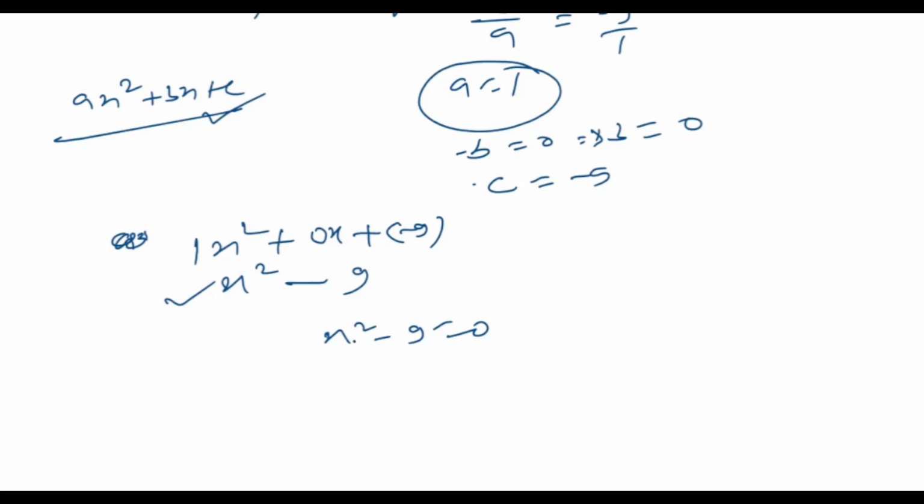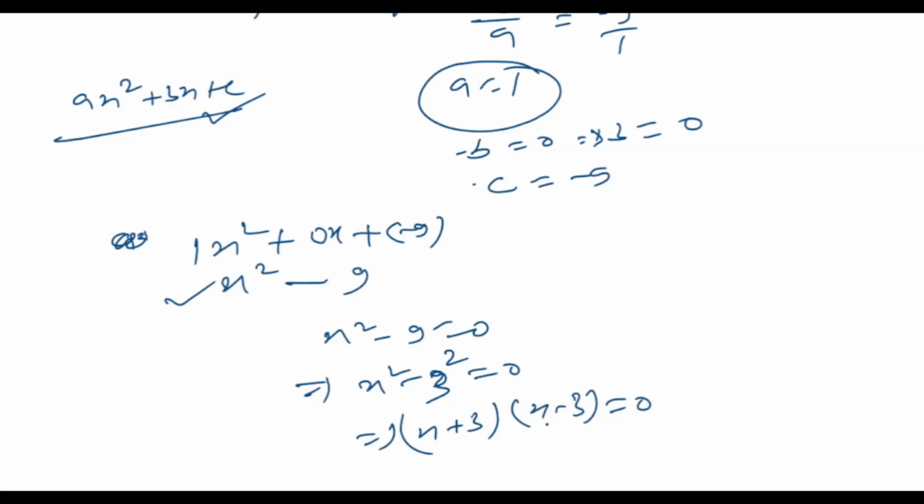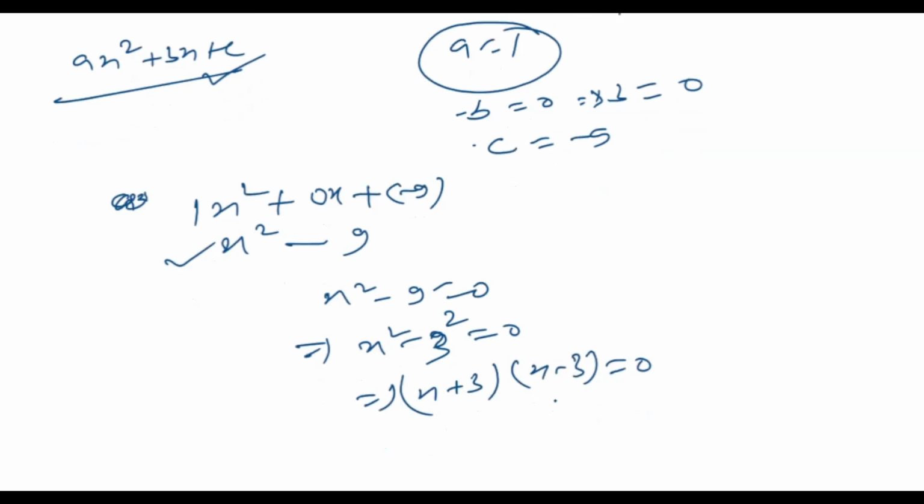We can say that x square minus 9 is equal to 0. By factorization, x square minus 9 can be written as x square minus 3 square. x square minus 3 square means (x plus 3)(x minus 3) is equal to 0. So x is equal to -3 or plus 3.